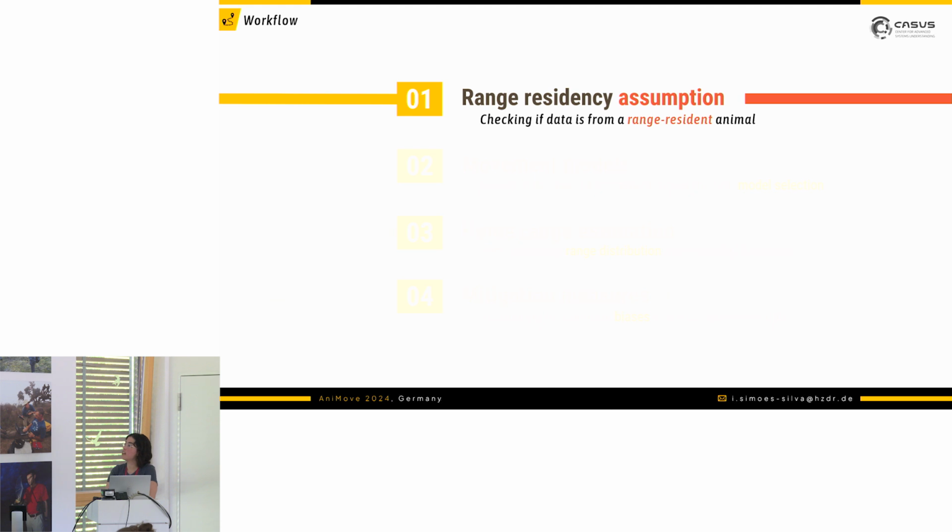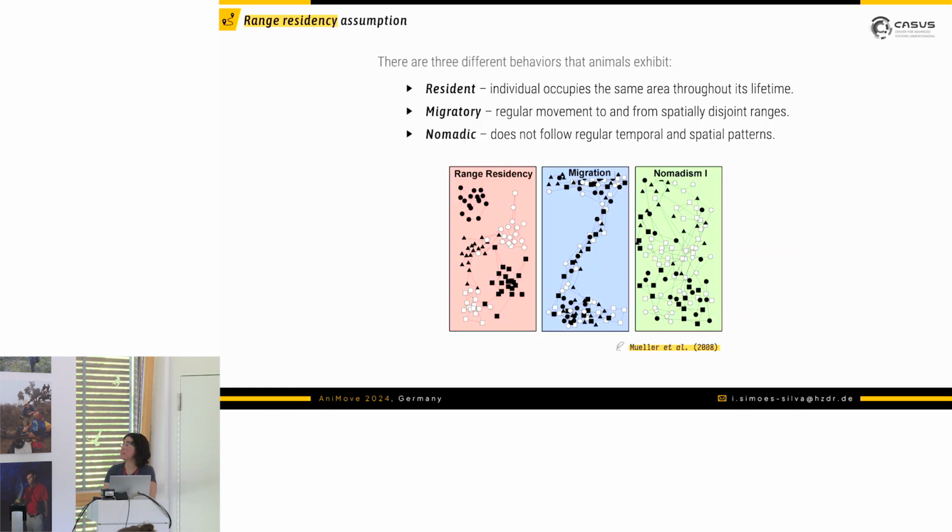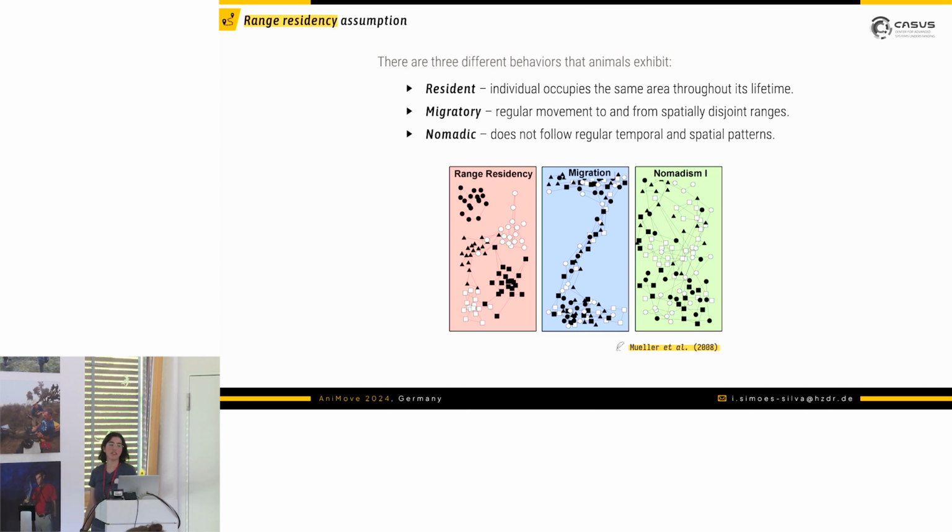Okay, so for this workflow of getting to home range estimation, the first step is looking at the range residency assumption, checking if an animal is range resident or not, right? And this is where maybe I'll lose some of you in terms of whether you're going to apply this method to your data or not.